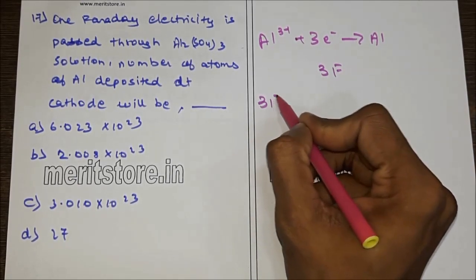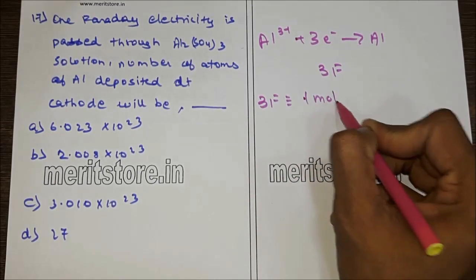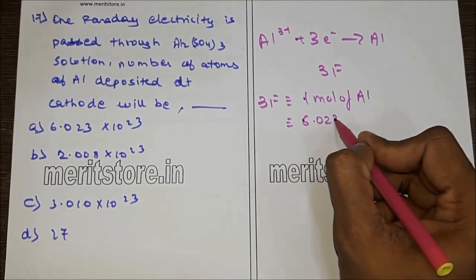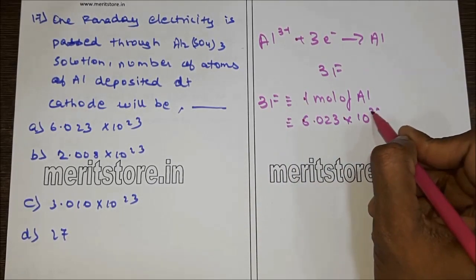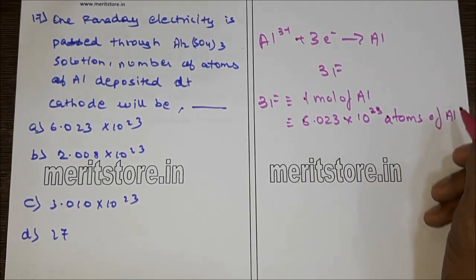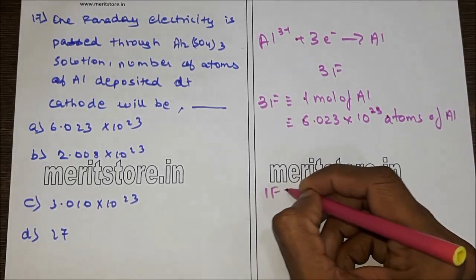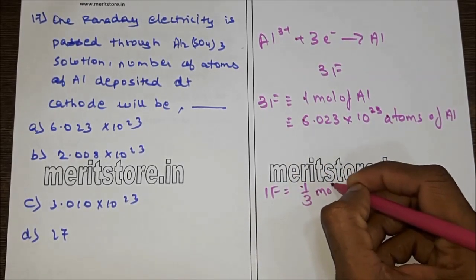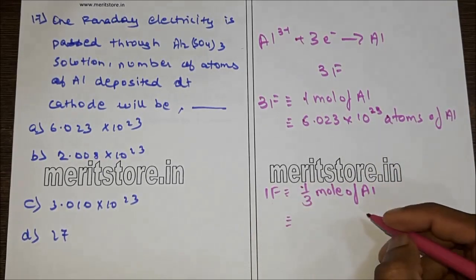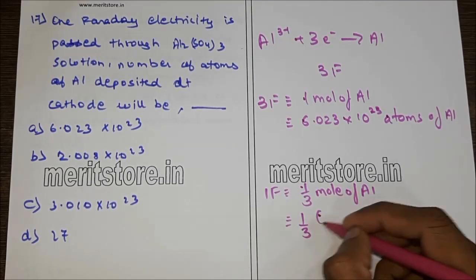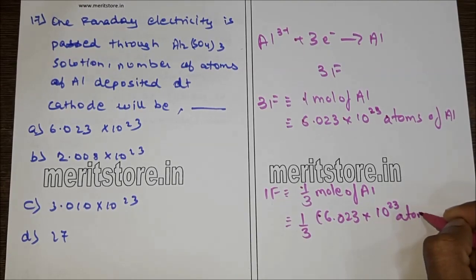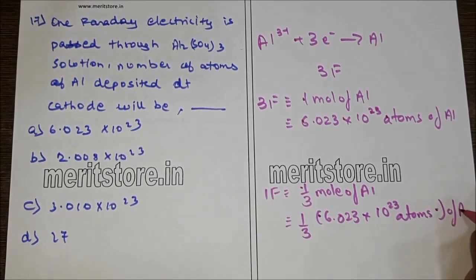Therefore 3 Faraday is equivalent to 1 mole of aluminum, which is equivalent to 6.023 × 10^23 atoms of aluminum. That is, 1 Faraday is equal to 1/3 mole of aluminum, which is equivalent to 1/3 × 6.023 × 10^23 atoms of aluminum.